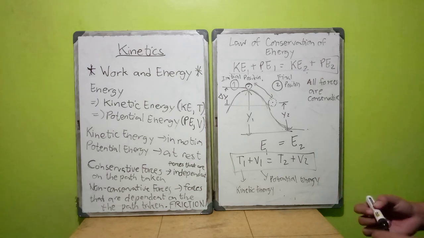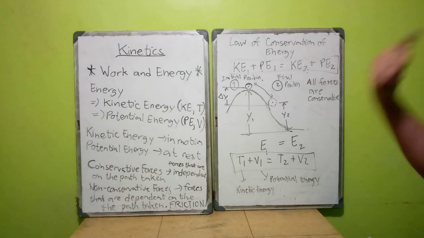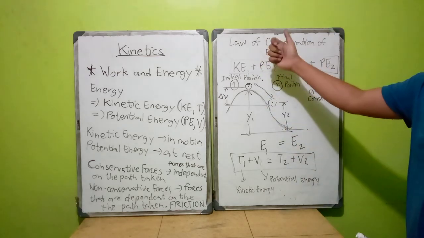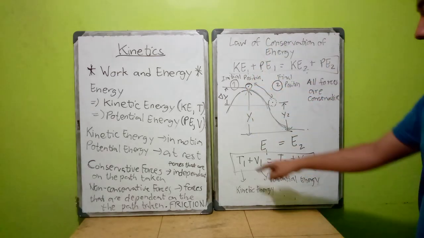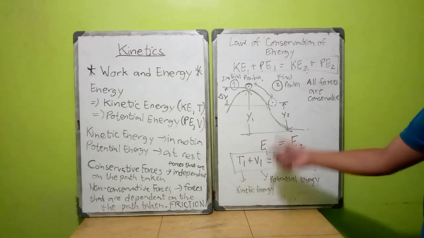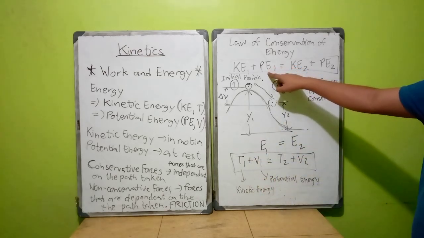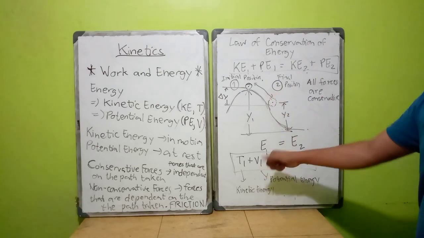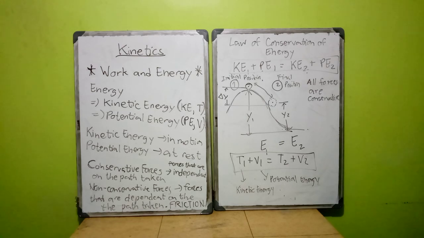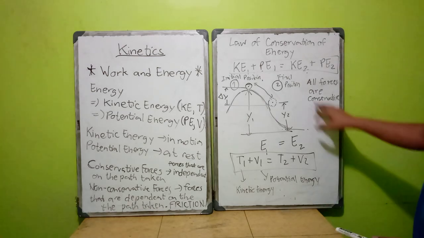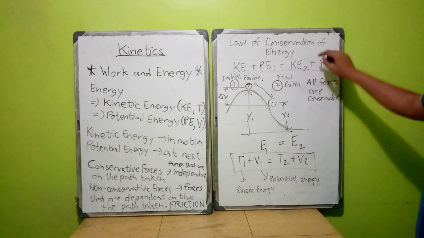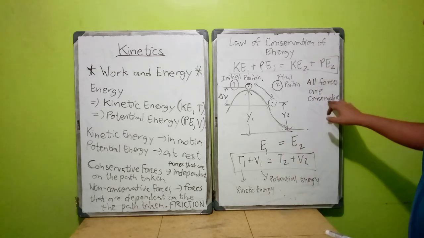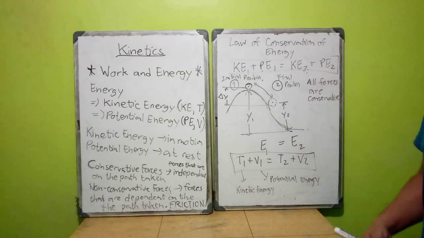It depends upon what book you are reading. Your book might be using KE for kinetic energy; it can also be denoted as T in other books. Other books use PE for potential energy, and other books use V. This equation is applicable when all the forces involved are conservative.